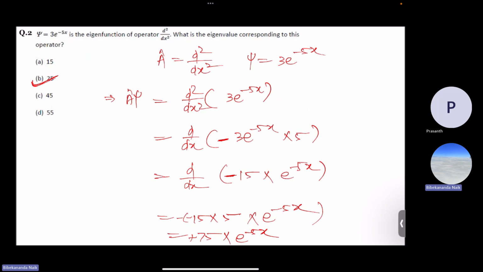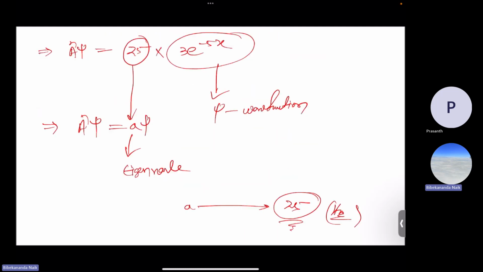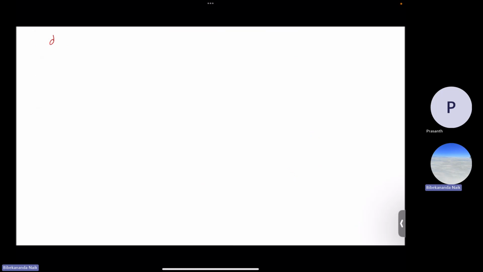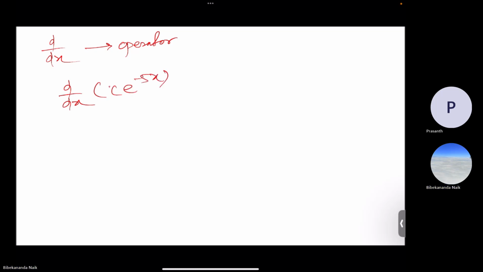But suppose the question was: d by dx is the operator, what will be the eigenvalue then? If you operate the operator d by dx on this wave function, c e to the power minus 5x, suppose it is 3, sorry.